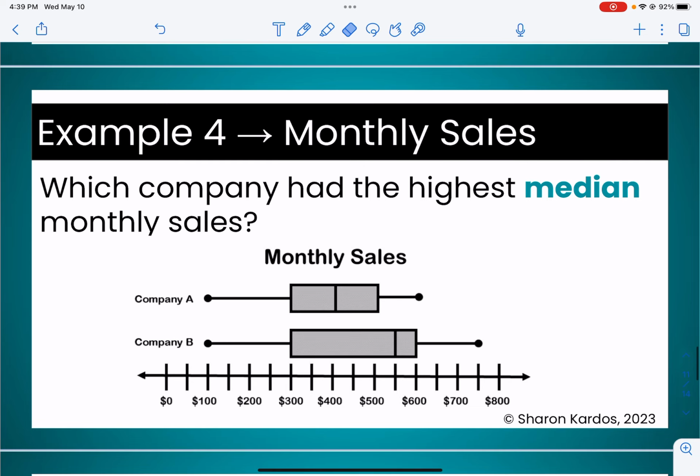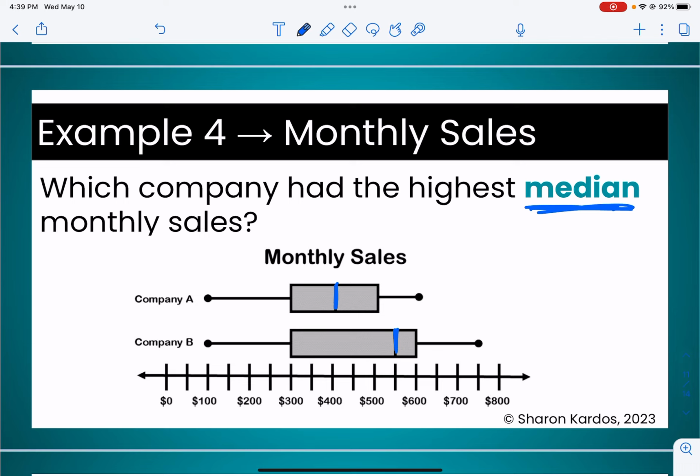Example 4, we're going to change it up a little bit. Now we're talking about monthly sales, and we can see that it's in money at the bottom. It says, which company had the highest median monthly sales? So now I am comparing 2 different companies. We have company A and we have company B. So they're asking me about the median. Remember, the median is this little line right here in the middle.